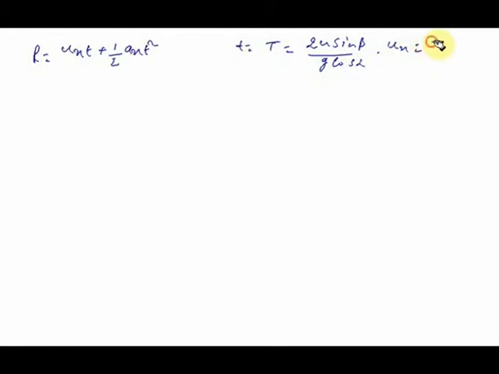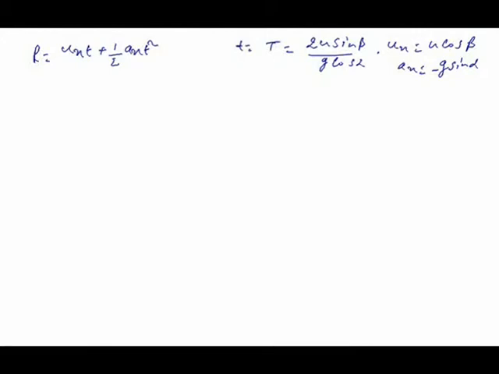So now let's carry out this calculation. We have r as uxt plus half axt square, where t is time of flight, that is 2u sin beta by g cos alpha. ux is u cos beta and ax is minus g sin alpha.